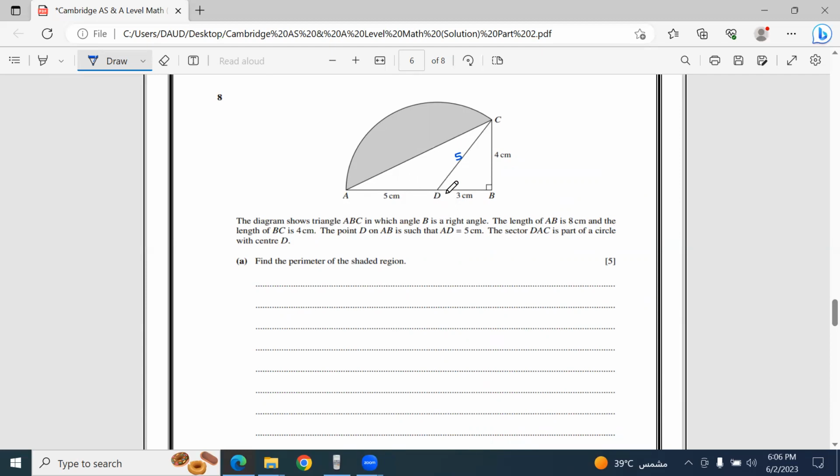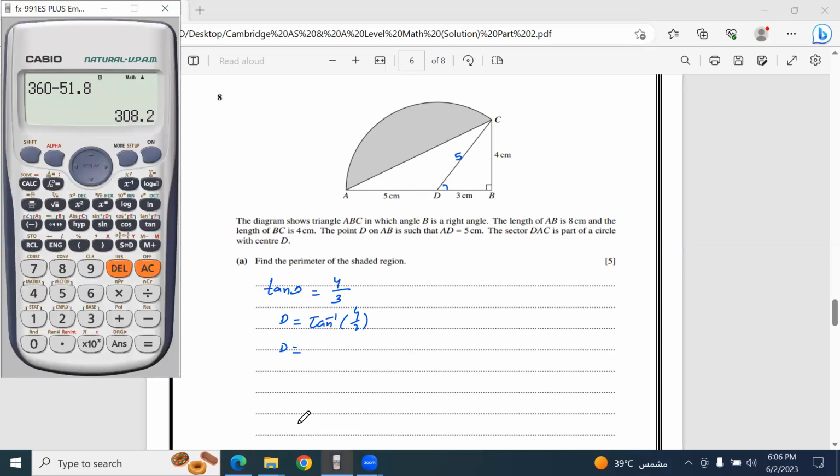Now, first we try to find the angle here that will help us. If we represent the angle here, 3 is adjacent and 4 is opposite, so we can apply tan. Tan of angle D, let's suppose we are checking at D: opposite is 4 and adjacent is 3, so angle D is equal to tan inverse of 4 over 3.